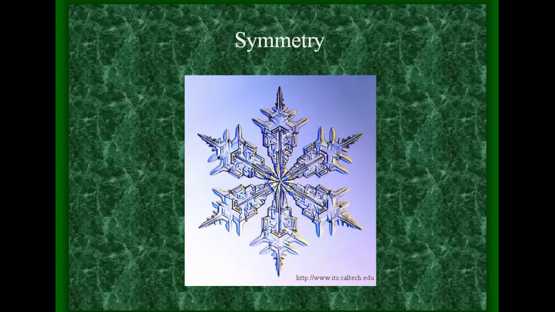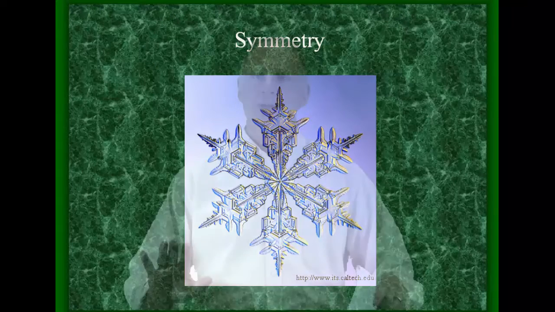When we talk about geometrical symmetry, it means we can rotate this crystal 60 degrees, and we're not going to make any changes to the snowflake. It still looks the same even though we've rotated it. So we say it's symmetrical with the 60-degree rotation, or you can do 180 degrees, or you can flip it. So all of those things make this snowflake symmetrical.